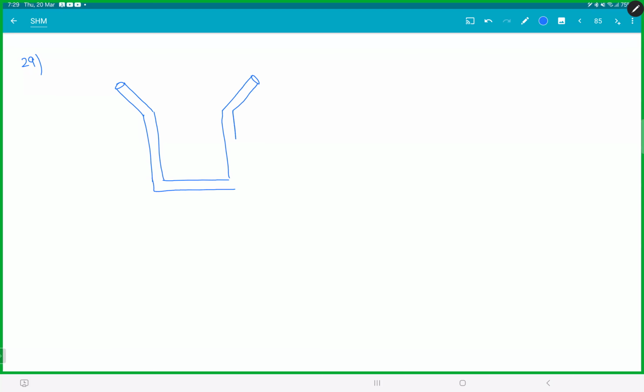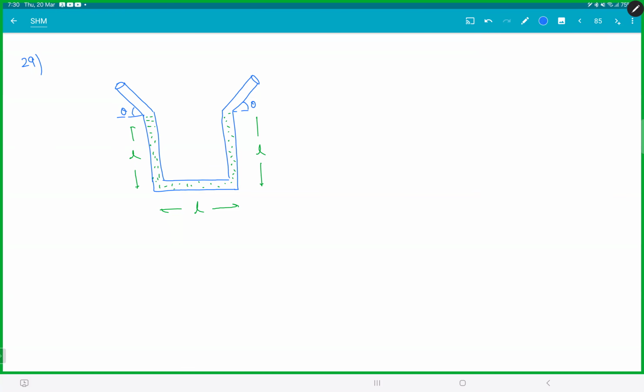We have a U-shaped tube, but the sides are bent like this. Theta, theta. You filled it with liquid till here. This is length, this is also length, and this is also length. So you pushed one side by x and released it. So what will happen? It will oscillate, na?